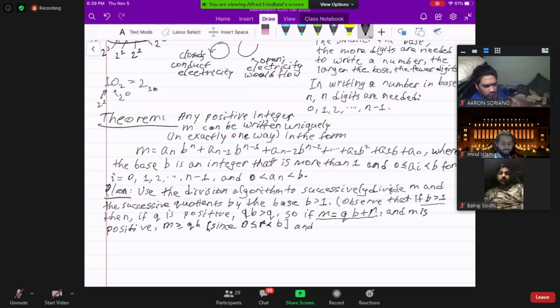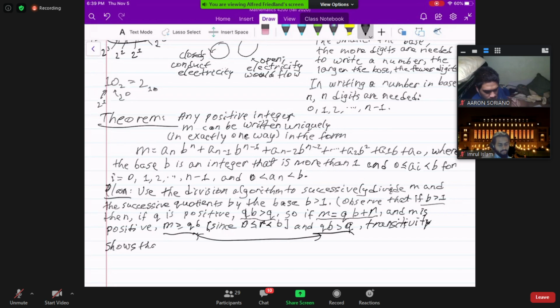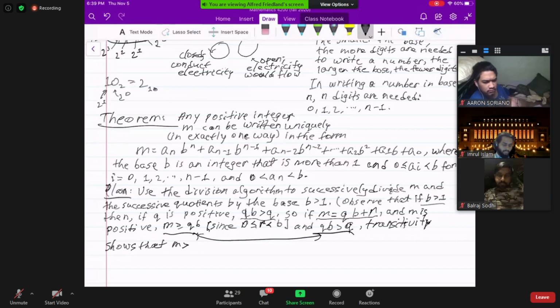And since QB is greater than Q, so M is bigger than or equal to QB, but QB is strictly bigger than Q, and so M is strictly bigger than Q.